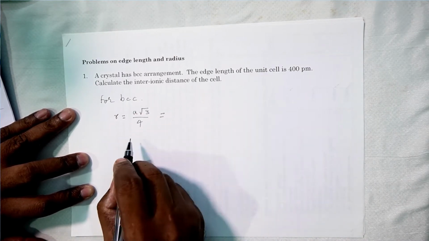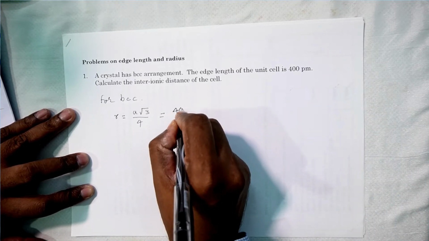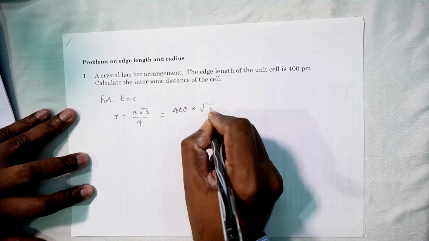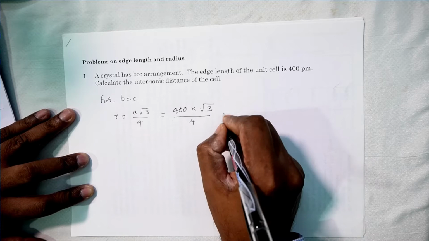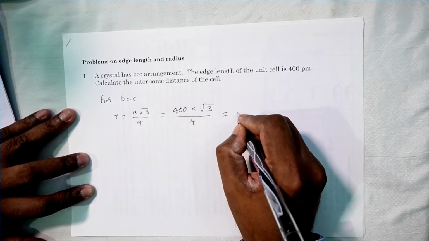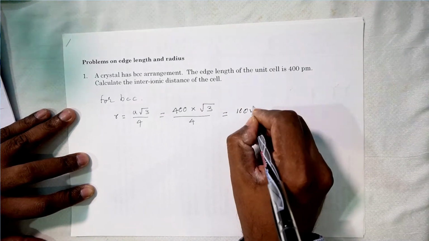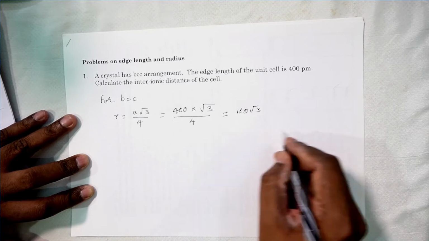The edge length A given here is 400 picometers. So 400 into root 3 upon 4, the 4 and 400 cancel, so you have 100 root 3.